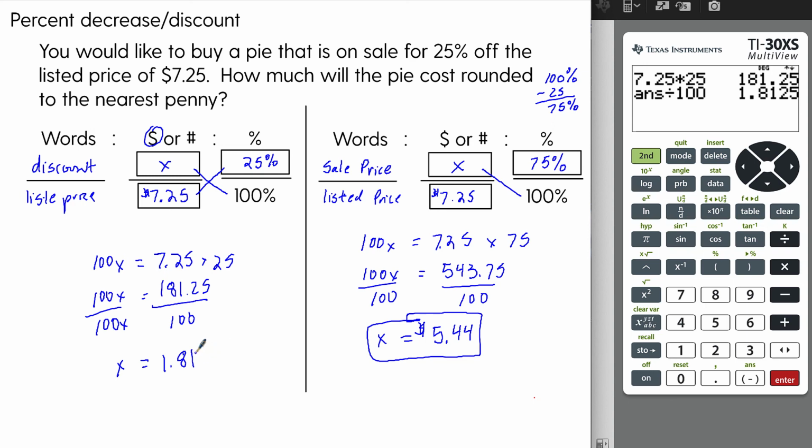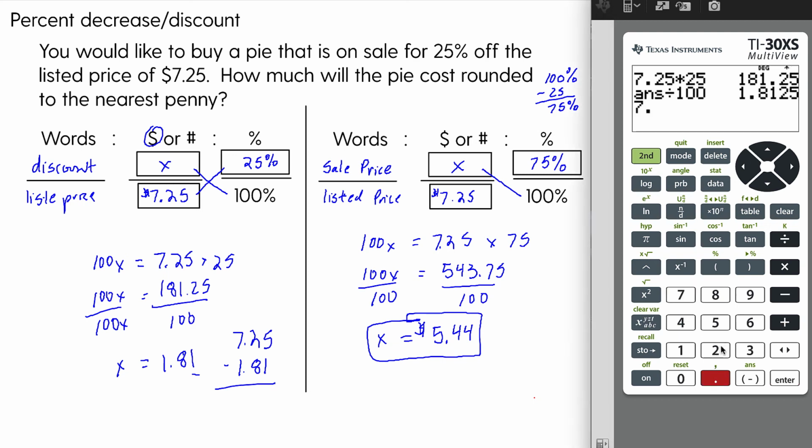Okay, so now we have to take $7.25 and subtract that $1.81. So let's assume we can use a calculator and just put this in the calculator. Minus 181. And sure enough, we get the same answer, $5.44.